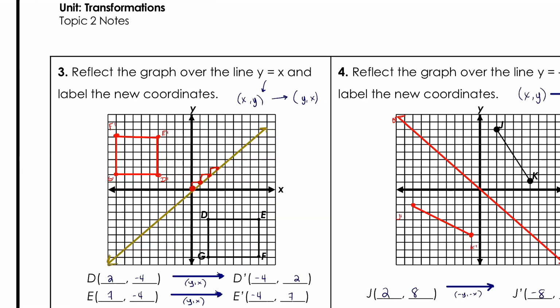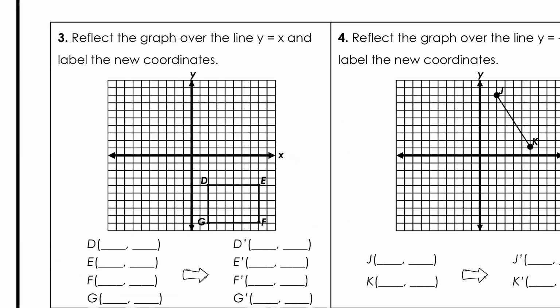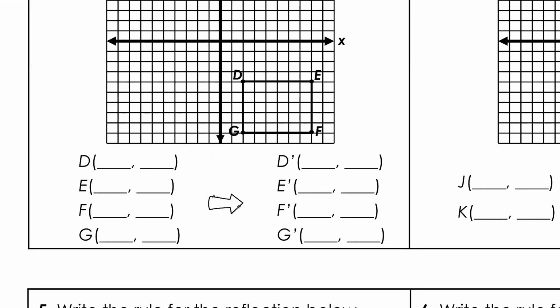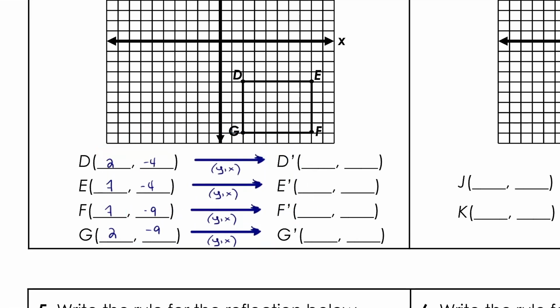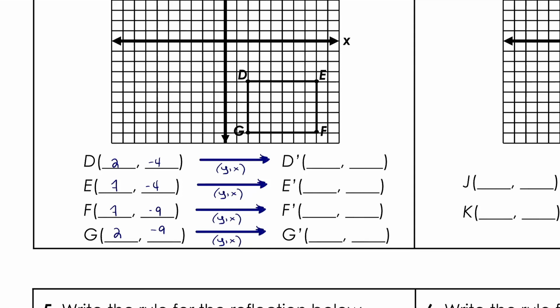All right, let's do the math. Let's see what happens. Let's paste this on here. Okay. And magic. All right, so all we're going to do is take our x and our y, and we're just going to swap their location. So notice it was 2, -4.